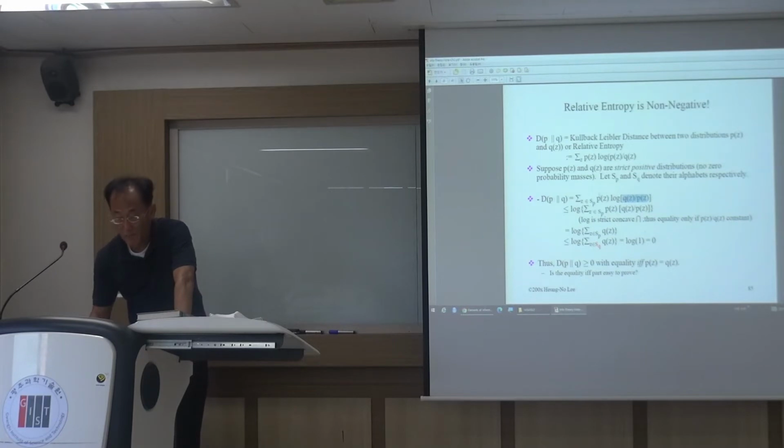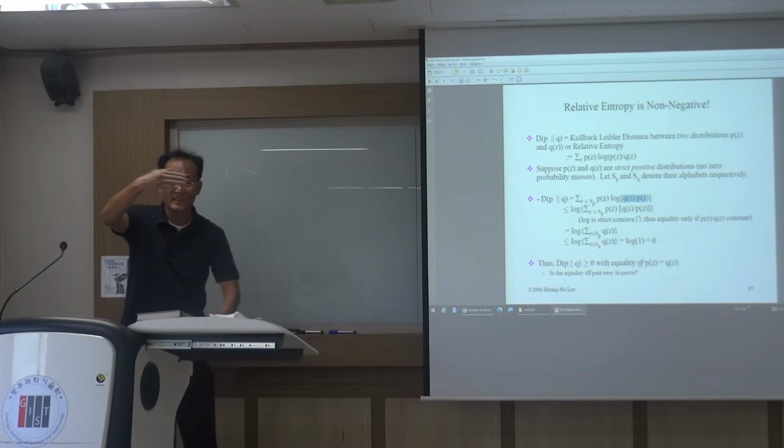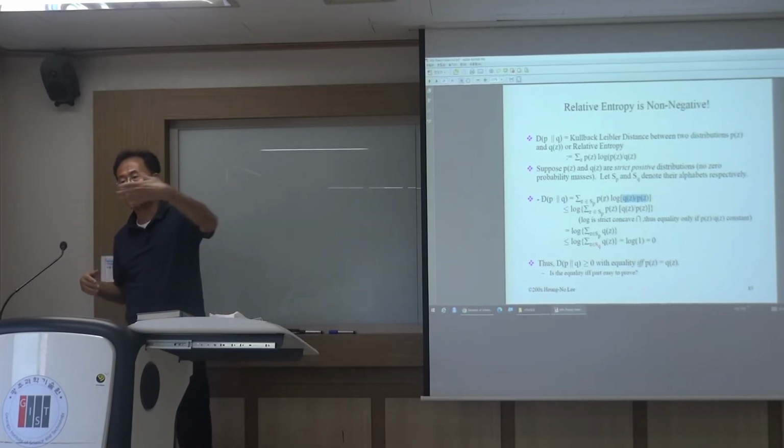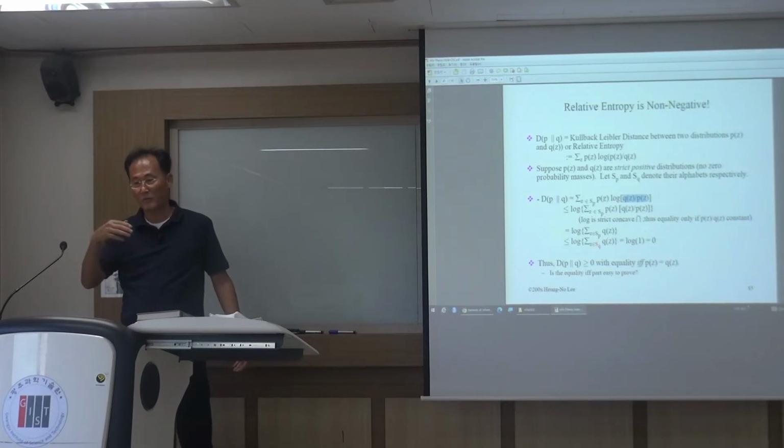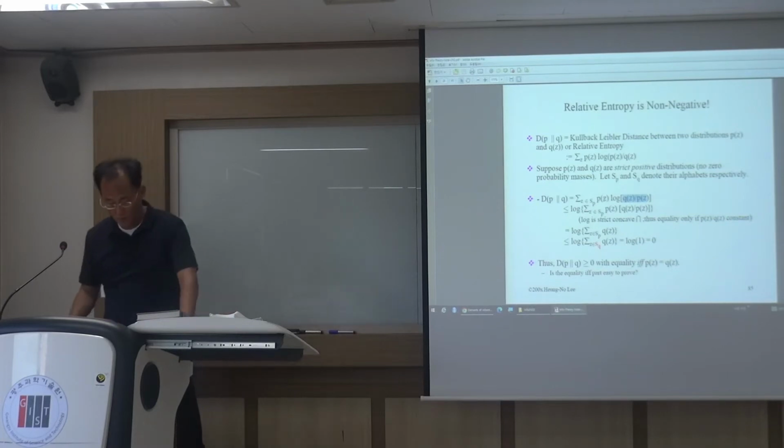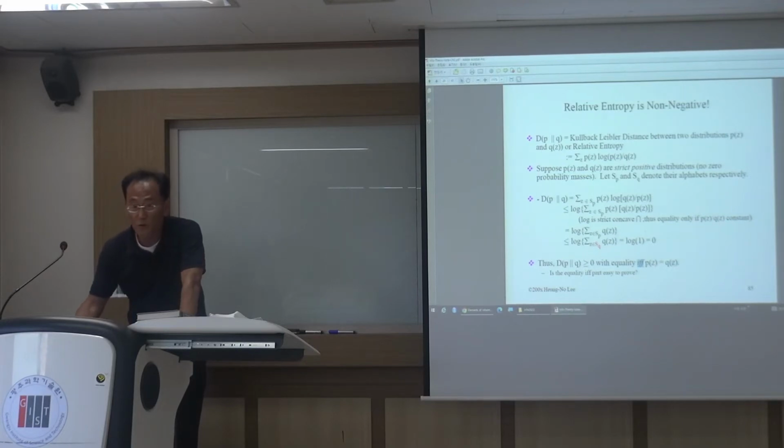Multiplying a non-negative number with 0 is 0. Summation of 0 is 0, so it is 0. So going this way is easy, but going the other way, proving the only if part, is tricky. But we have done that tricky part right here. So equality if and only if P(z) equal to Q(z) for all z. And this proof is very important for showing the information measure, as we will see today. So remember that.